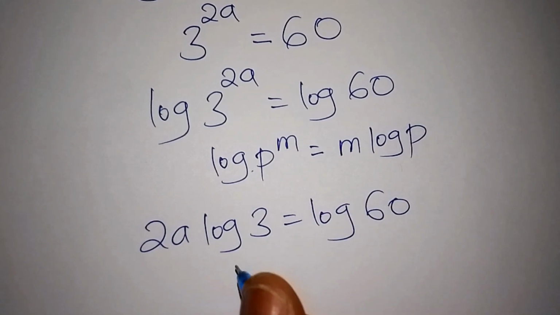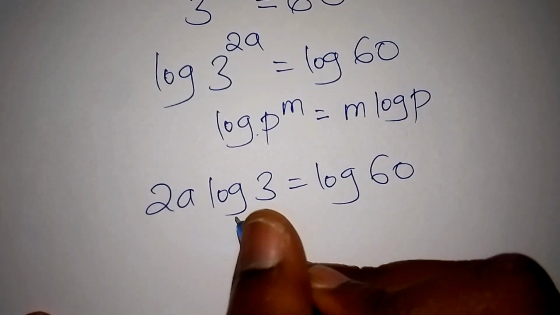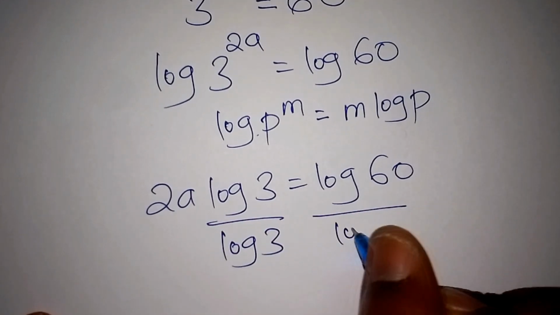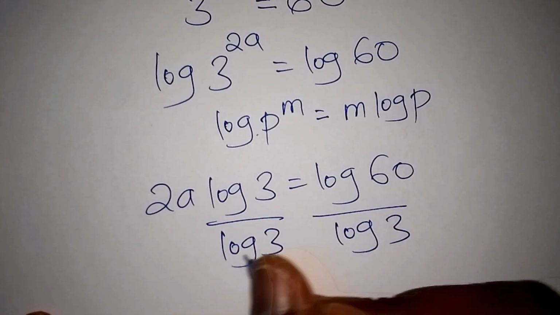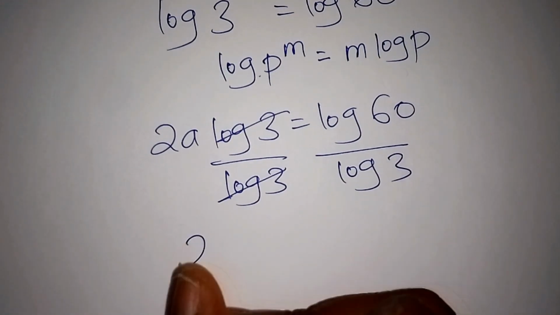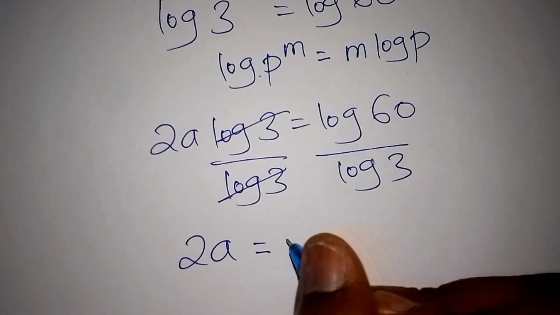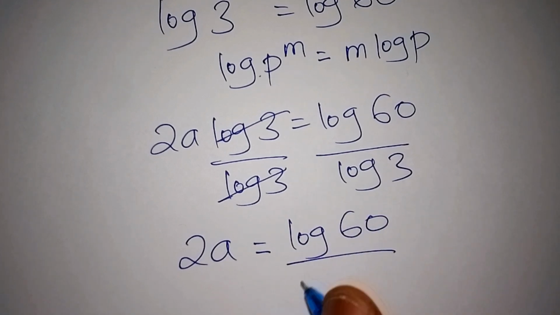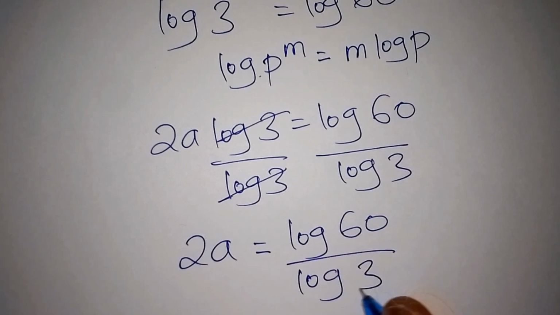From here we shall divide both sides by the log of 3. So log 3 and log 3 shall cancel, so that our 2a shall equal the log of 60 all over the log of 3.